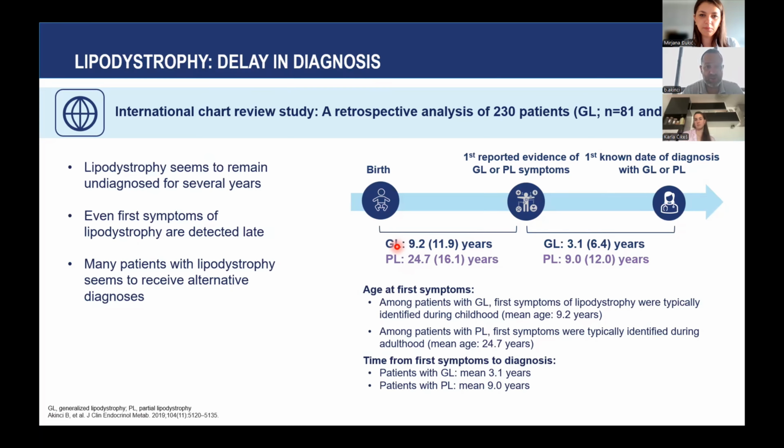But it doesn't stop there. It's not the end of the story. At some point, they come to a physician with the symptoms of lipodystrophy. They say something is wrong with my child or something is wrong with myself, but still it takes years for physicians to recognize and diagnose them. It is around 3 years for generalized and around 9 years for partial lipodystrophy.